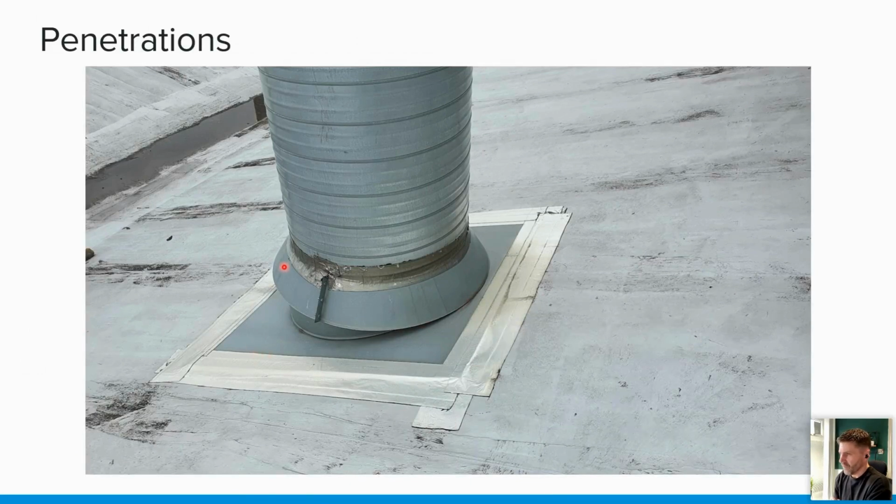The trouble is the people that put these penetrations through the flat roofs usually aren't roofers, so they do what they think is best, rather than employing a roofer to make the penetration good once they've put it through. So flash band is one of the favorites here. Obviously water's running down this way, so any kind of water that sits on here over time is going to delaminate this flash band.